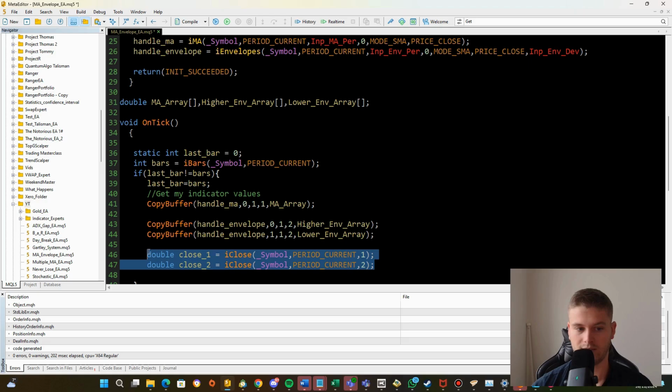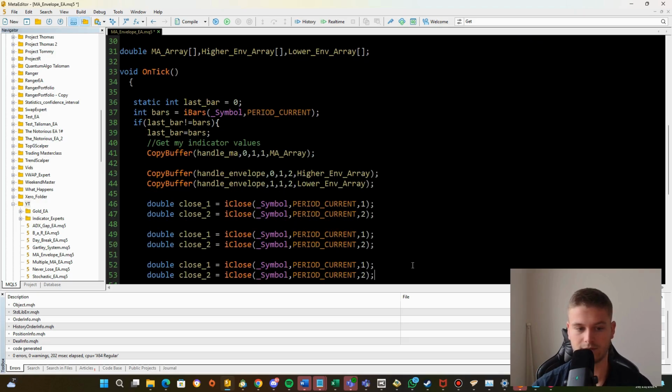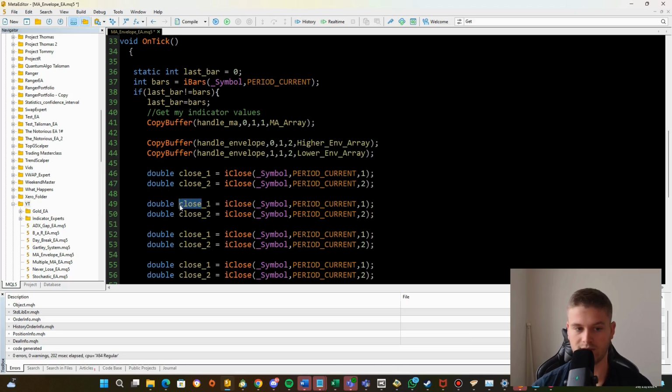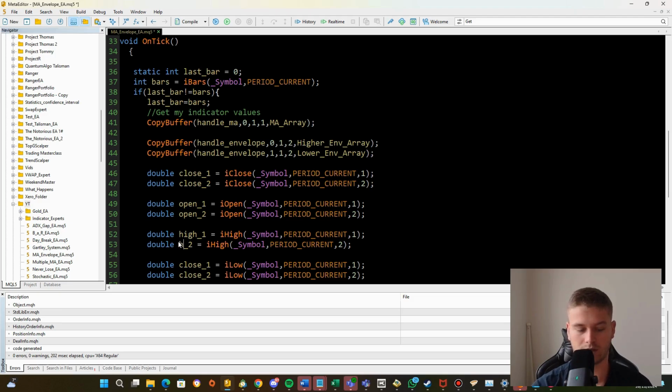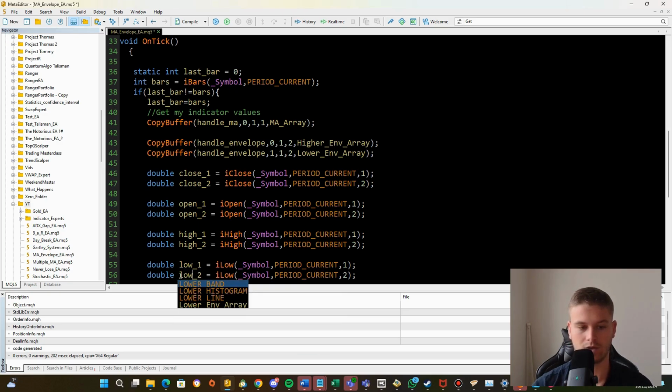Now I will copy this and paste it here 3 more times because I want to get this type of information for the opening price as well. So let me change this to open, iOpen, and the rest stays the same. And this is for the high price, and this is for the low price, because I will need this later. So high 1, high 2, and this should be low 1 and low 2.